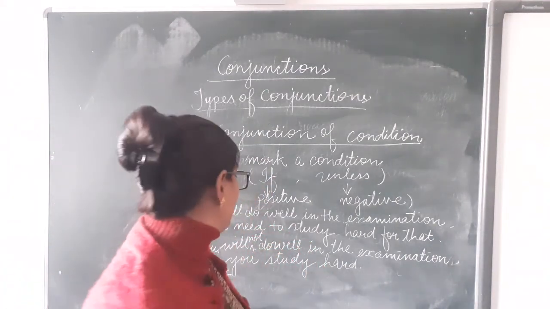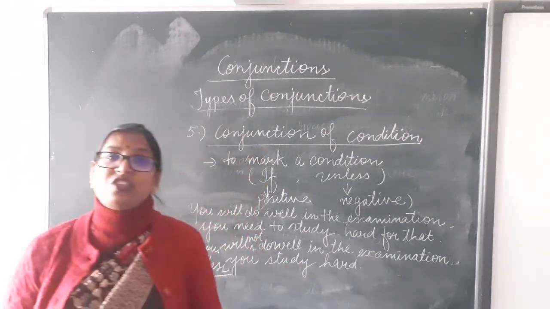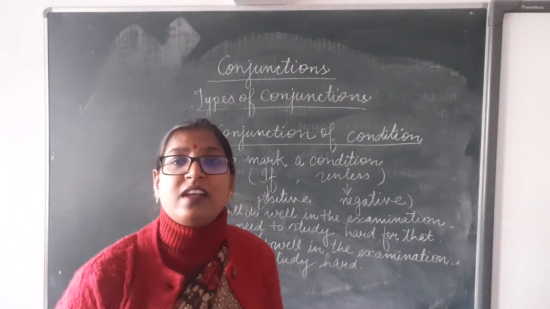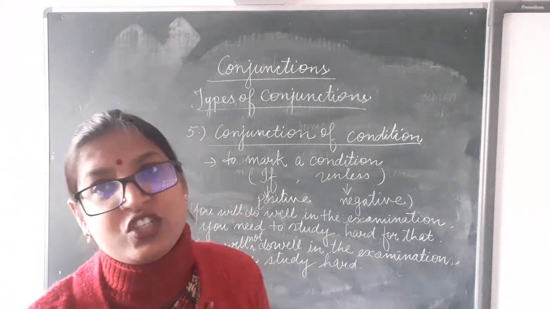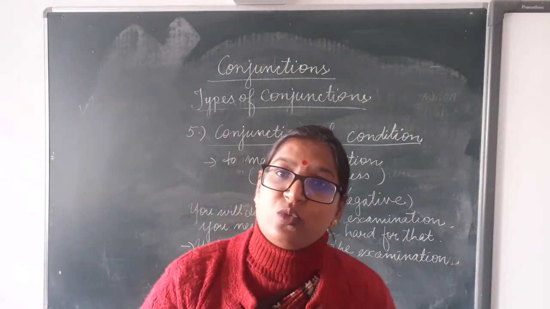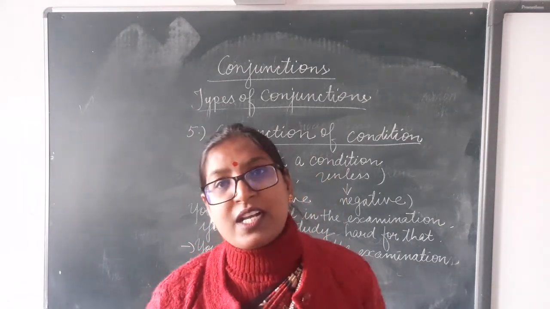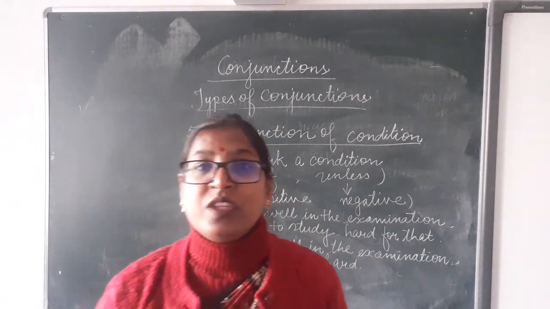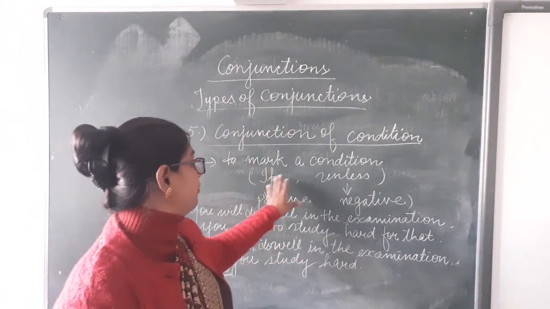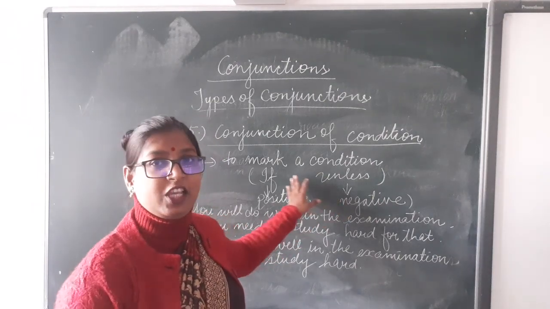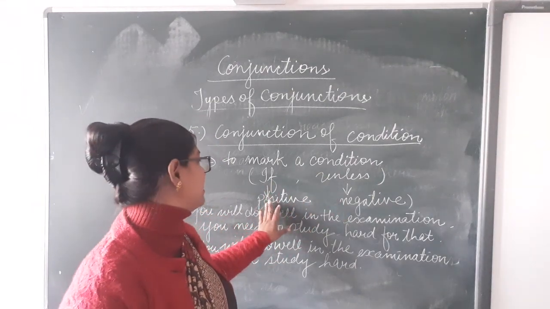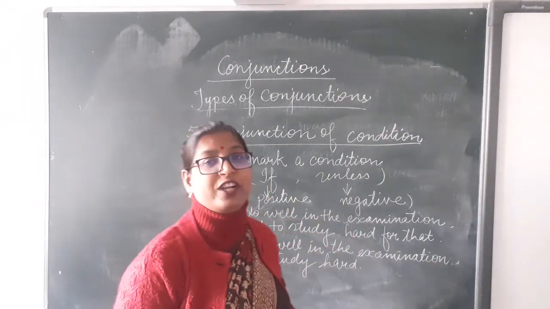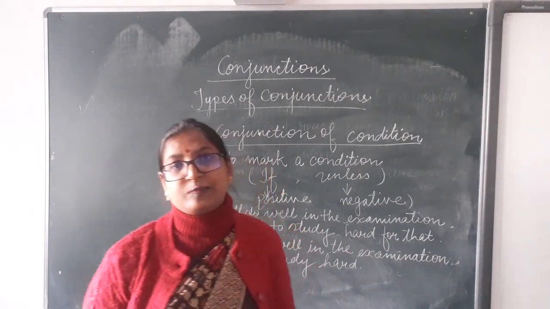You will not do well in the examination unless you study hard. Likewise, if there is a condition between two sentences, we use a conjunction of condition. These are if and unless. If we use for positive sentences, unless we use for negative sentences.